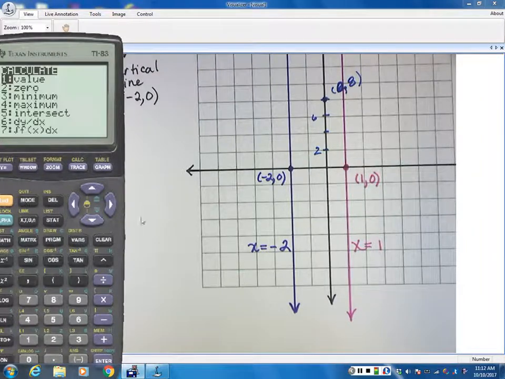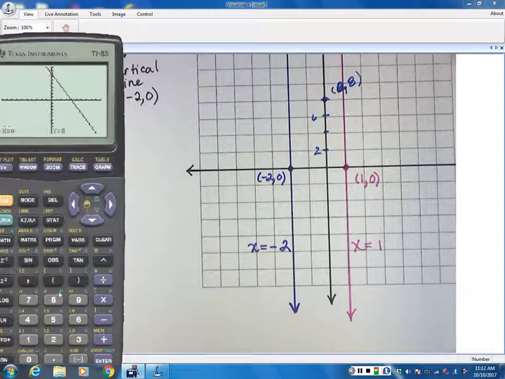Second trace. Go down and choose the second option, zero. Now this time when I get to the left of it, I'm still above the x-axis. When I move to the right of it, I'll be below the x-axis, so my y has to change signs. And since the triangles are pointing toward each other, it's going to find it, and it says that's at 4, 0.